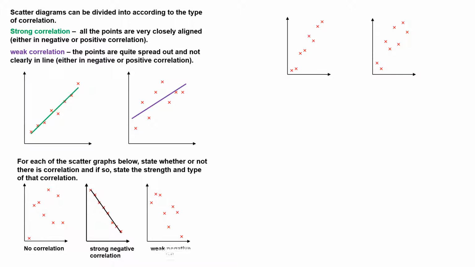Weak negative correlation. Strong positive correlation. Weak positive correlation.